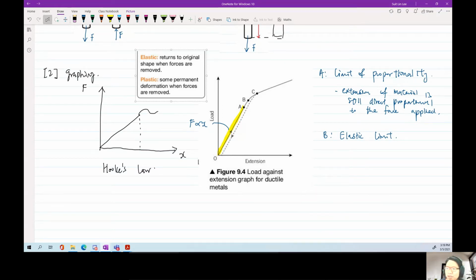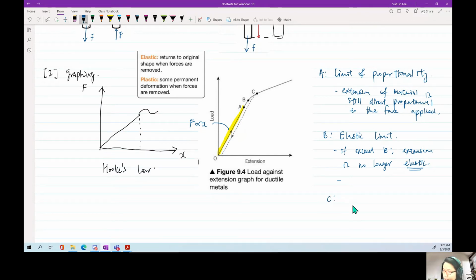Okay, so we can say that after point B, if you exceed B, the extension is no longer elastic. If you want to define it, if it's 2 marks, I will also mention what is elastic deformation: you can return to original length.